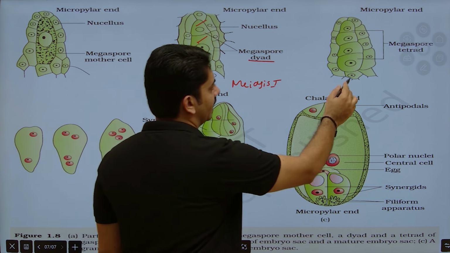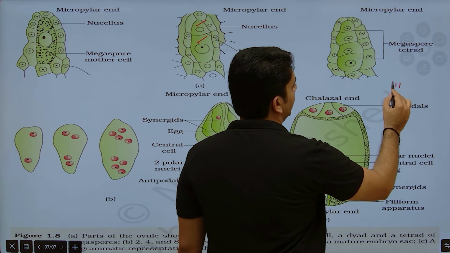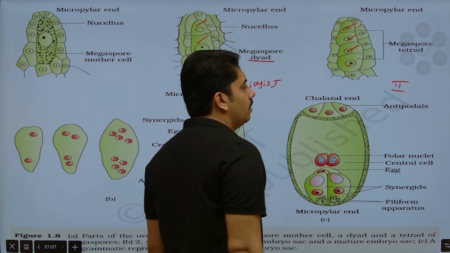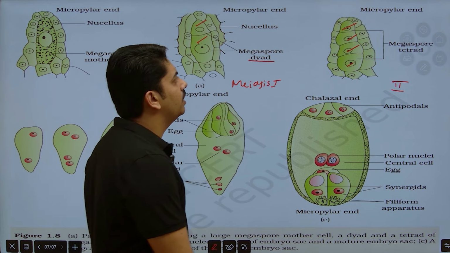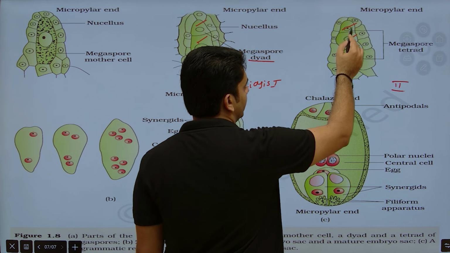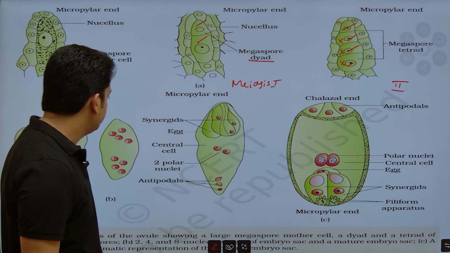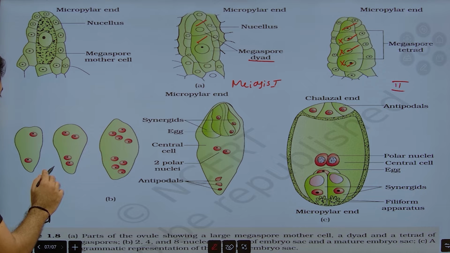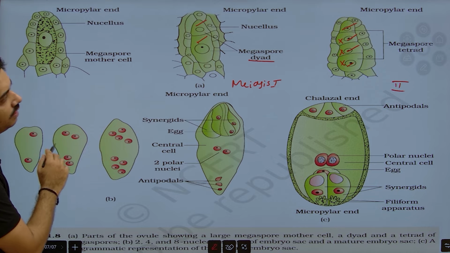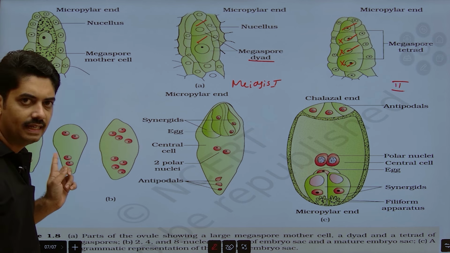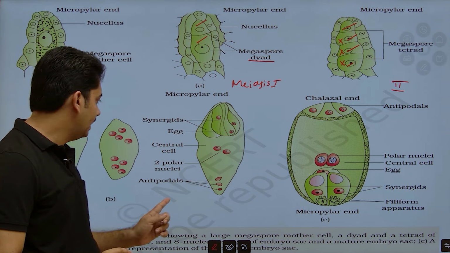In the second meiosis, it forms four cells. Now the cell which is nearer to the micropylar region will be retained and the other three cells will undergo degeneration. Here we should start with the single cell, the one present nearer to the micropylar region.